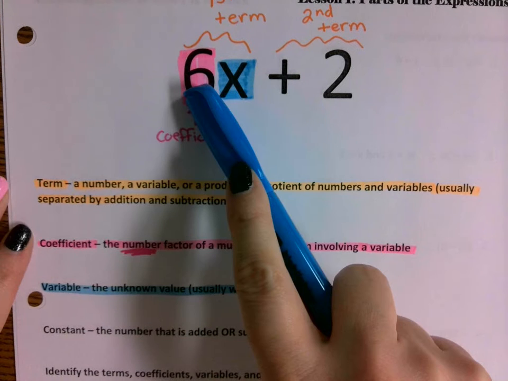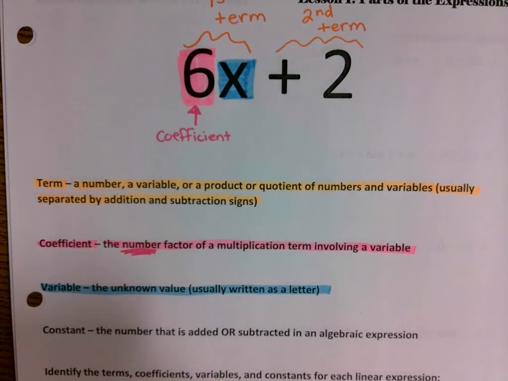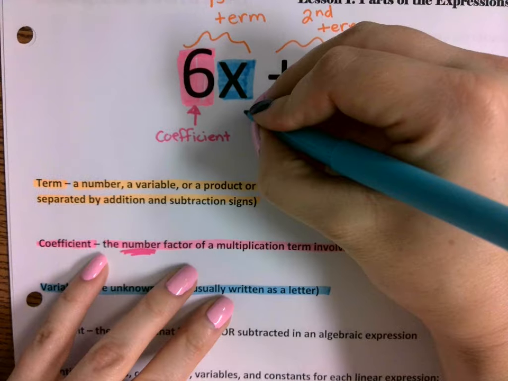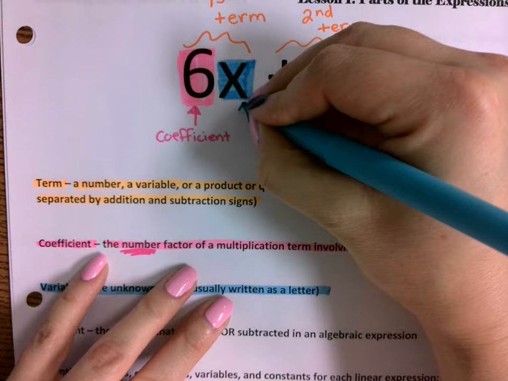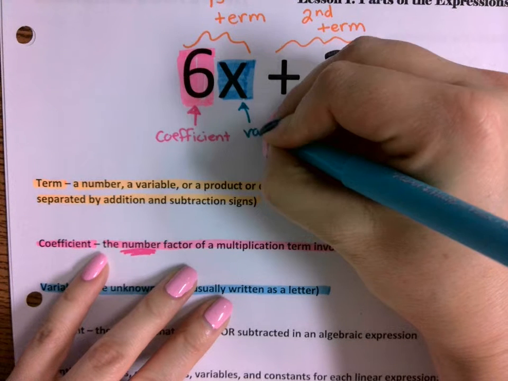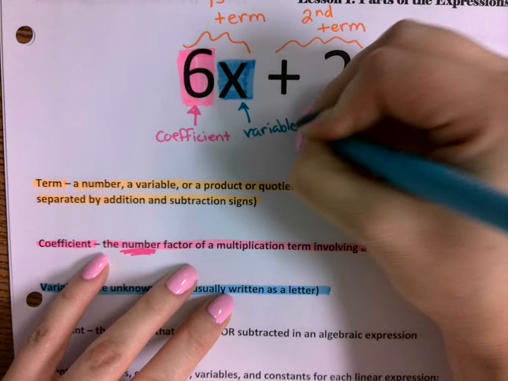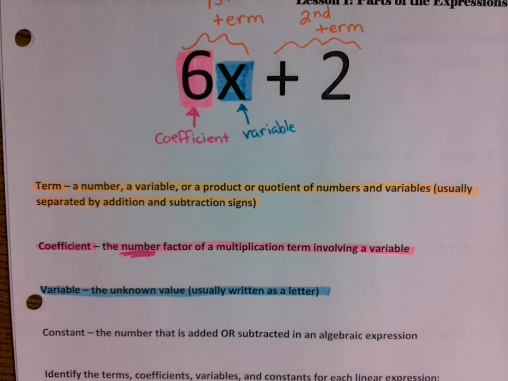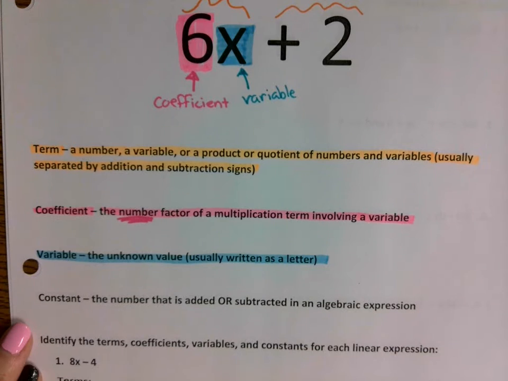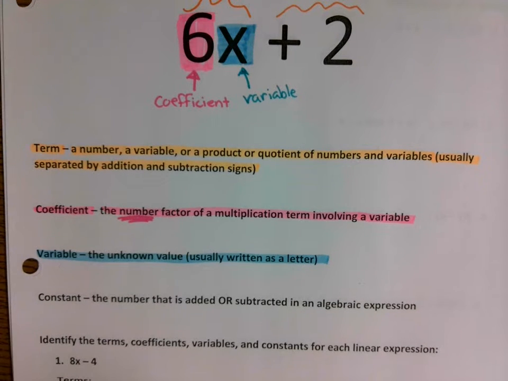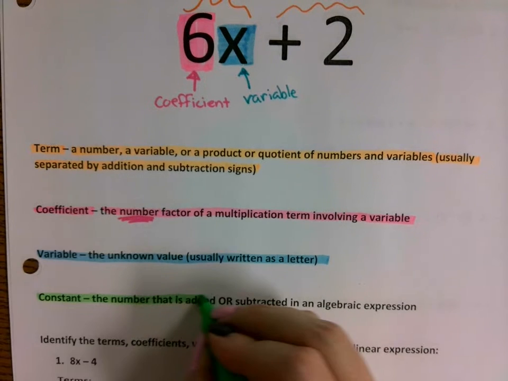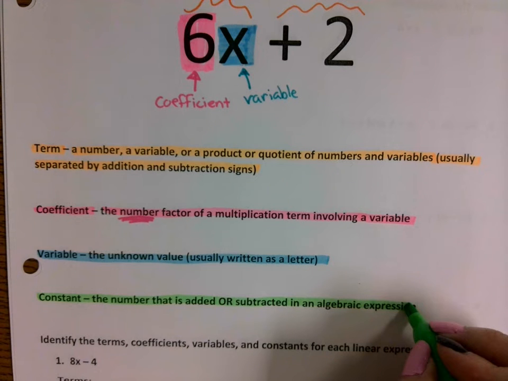Okay? So that's our variable. The letters are always going to be your variables. All right, your constant. Your constant, we're going to highlight that in the green. The constant is the number that is added or subtracted.